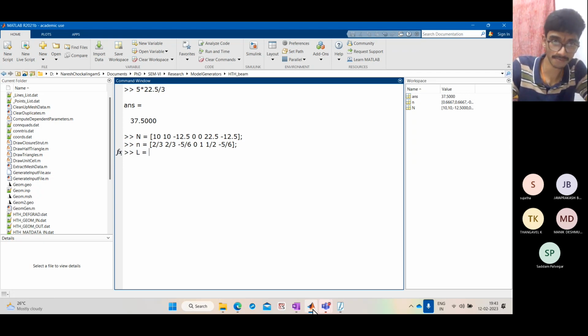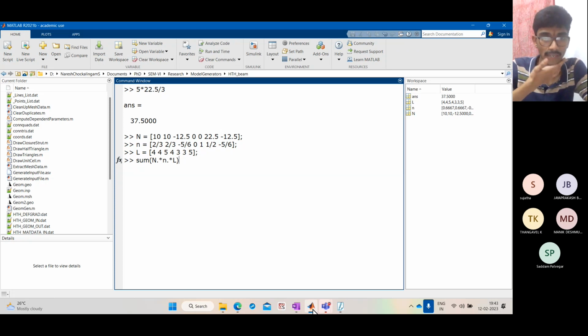And the lengths are 4, 4, 5, 4, 3, 3, 5. So we need to multiply all these and then add. What I need is the sum of corresponding elements. Dot star does that, L divided by AE.